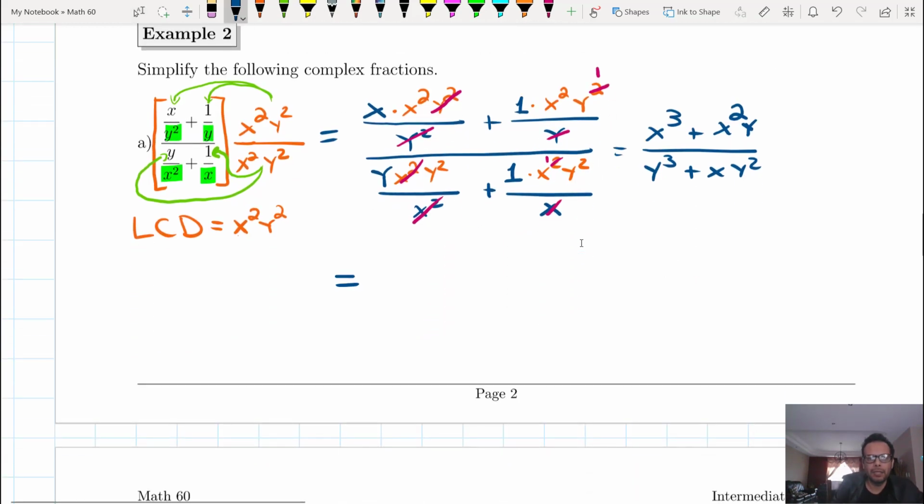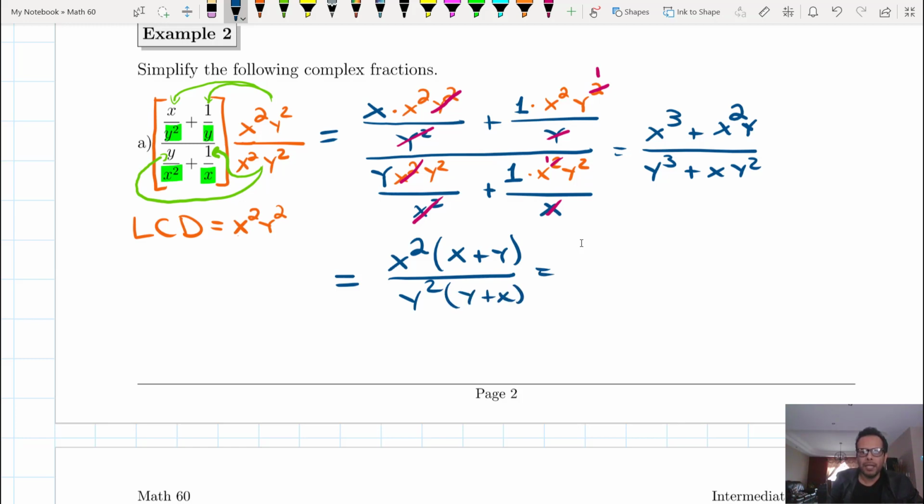Here is where again we are going to use all the toolkit that we got in chapter 5, which is all the factoring techniques. Let's look at the numerator of this preliminary result. Notice we have a GCF of x squared, leaving us with x plus y. And in the denominator, we can factor out a y squared, and we are left with y plus x.